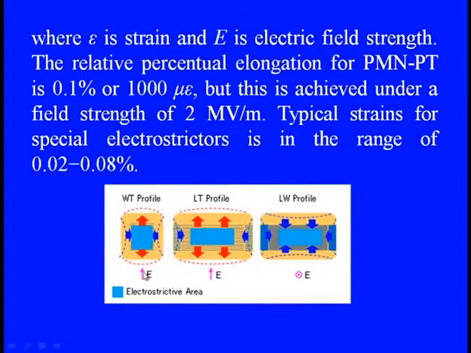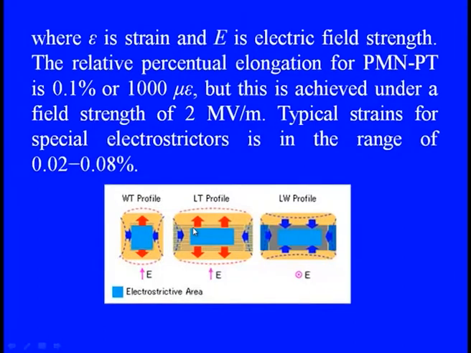The electric fields are applied in all three cases, and when we go with the different profiles, we see a clear variation in the sizes of the electrostrictive areas. With the WT profile, we have a clear variation in this direction, and with the LT profile, there is a clear extension.